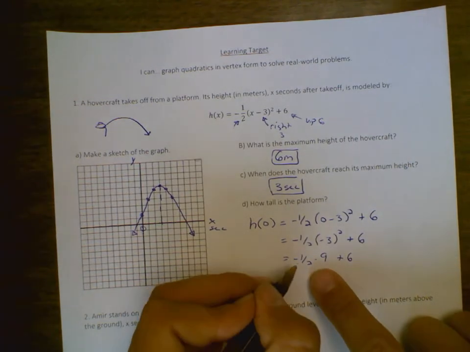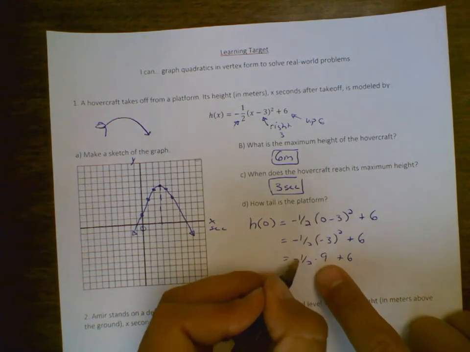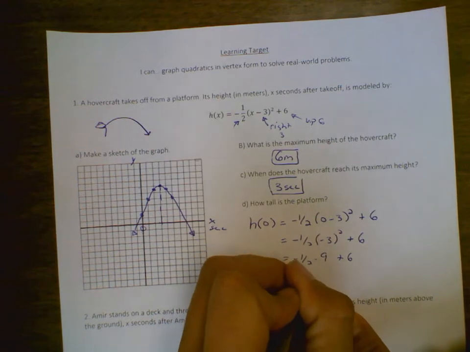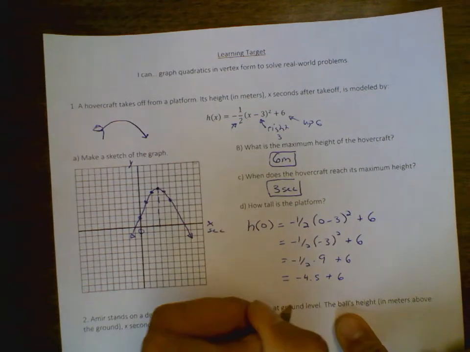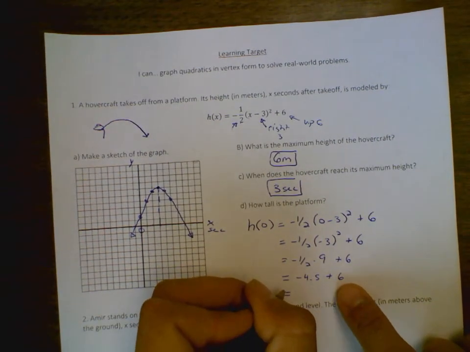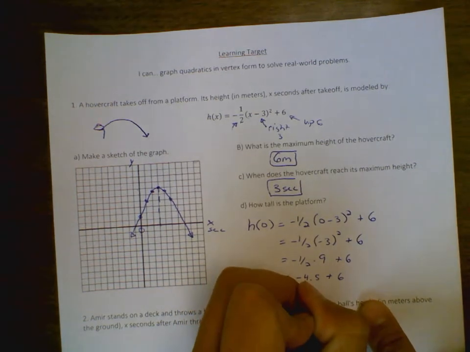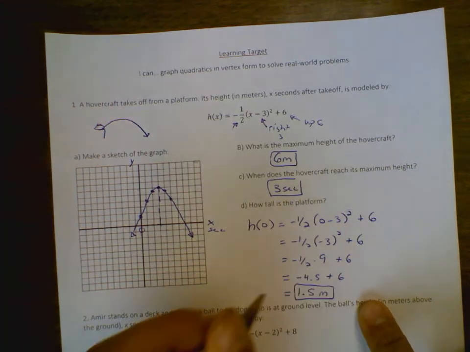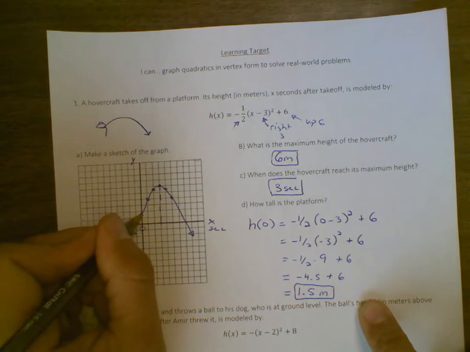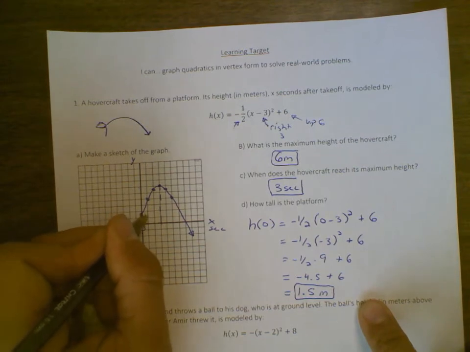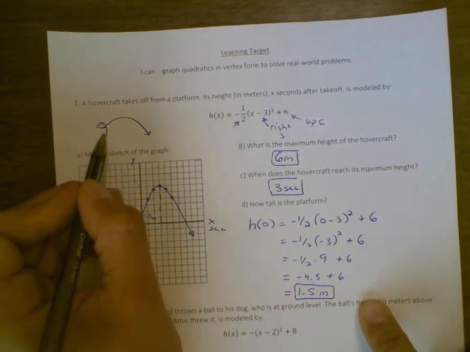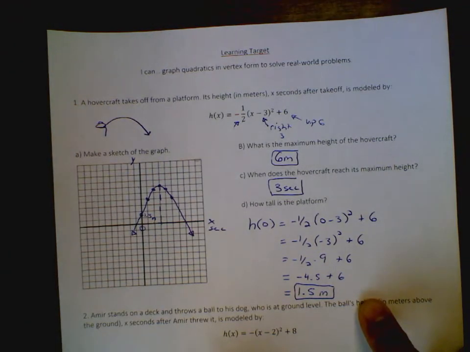Half of 9 is 4.5, and it's negative, so we get -4.5 plus 6, which gives us 1.5 meters. What that's telling us is the height we launched from was 1.5 meters, so this platform was off the ground by 1.5 meters.